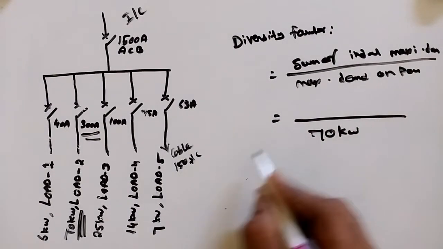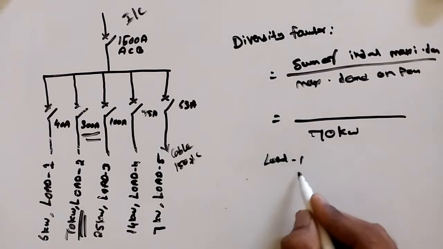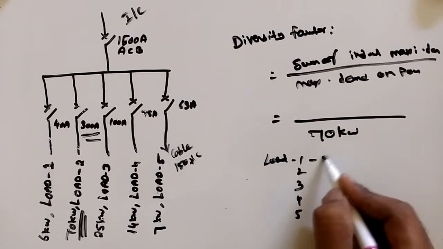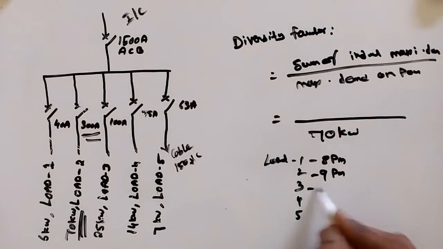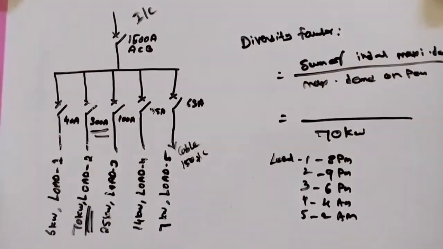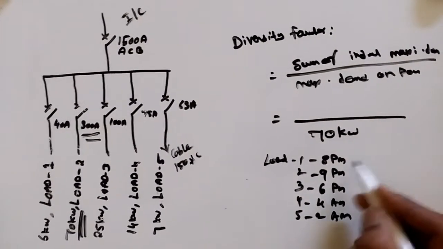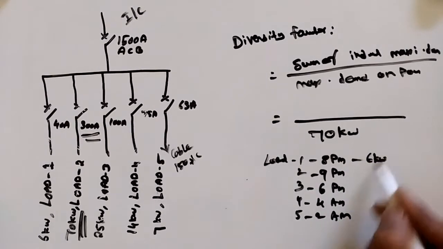The loads are load 1, 2, 3, 4 and 5, operating at various times in various periods. This is for 6 kilowatts.